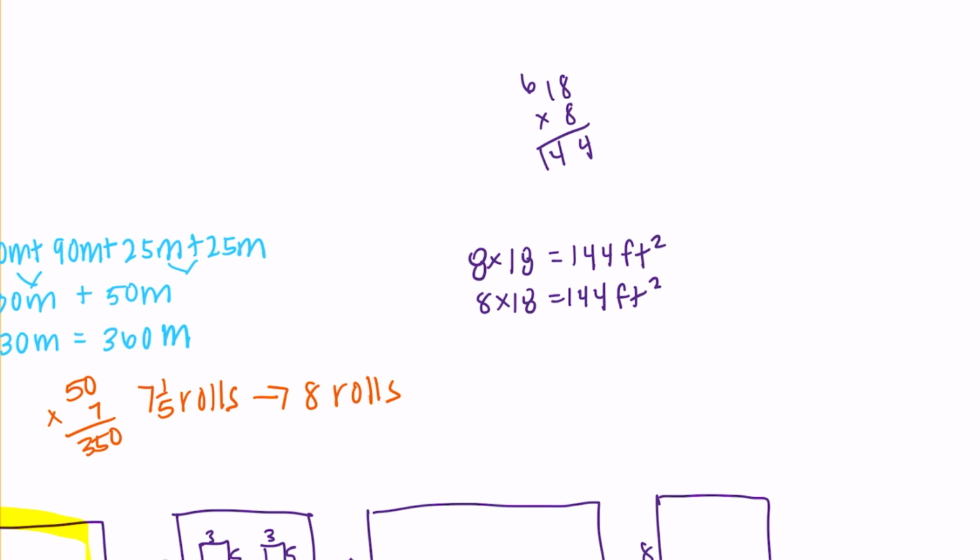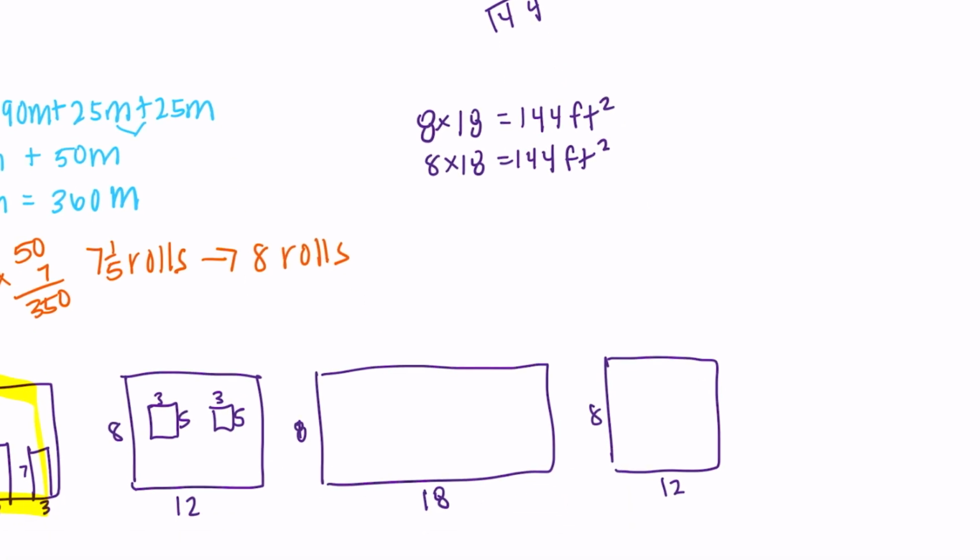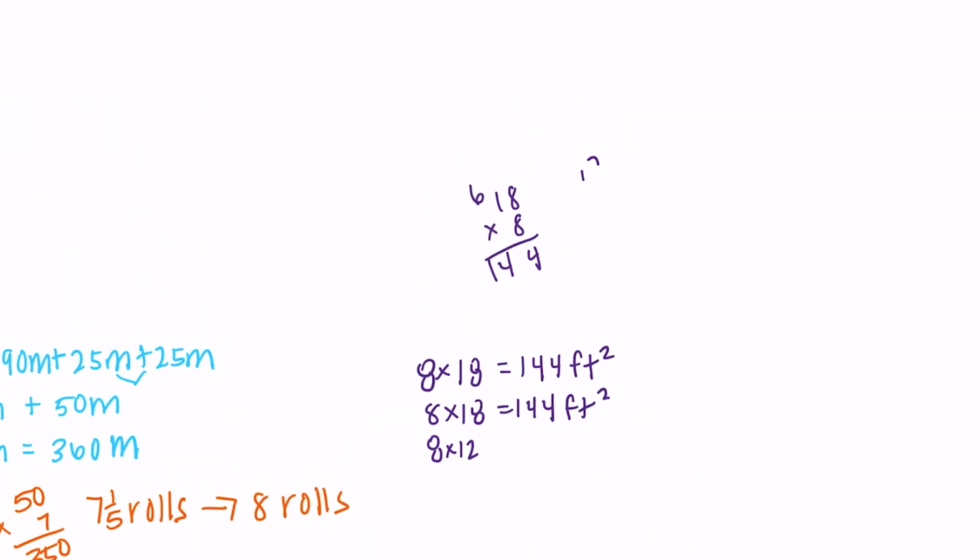And then we have the short walls. So these shorter walls that are 8 by 12, 2 of them. So what's 12 times 8? 96. You can just check it. 96 feet squared, and another one.